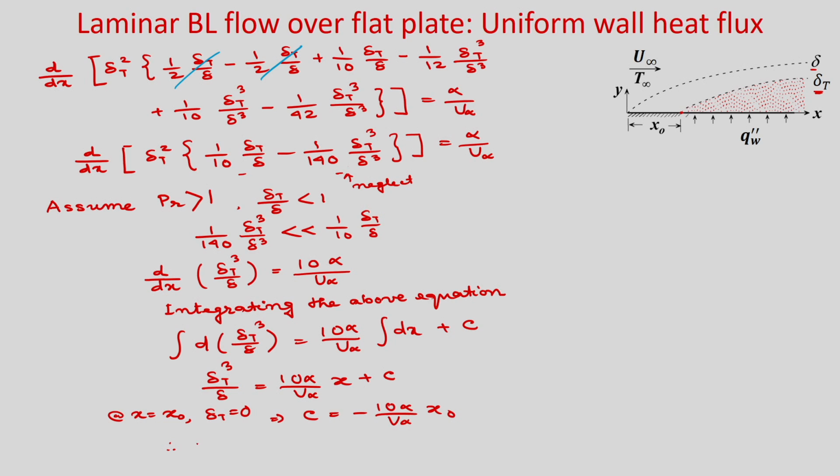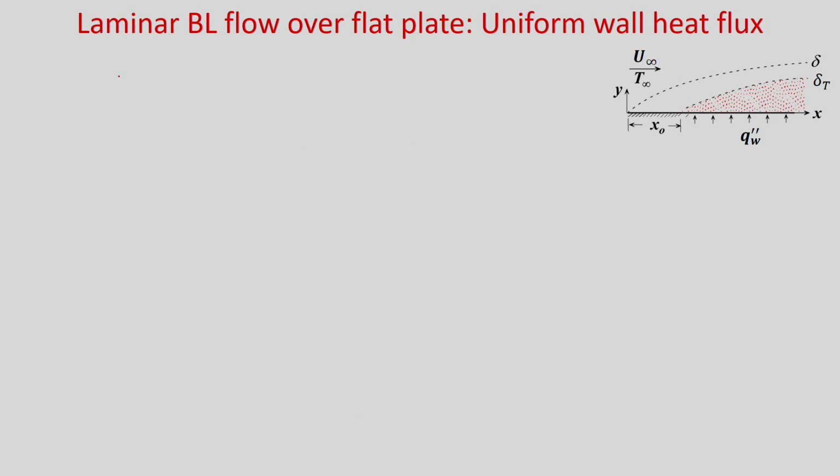Okay. Hence, you can see that delta T cube by delta is 10 alpha by u infinity into x minus x naught. Okay. So, you can write delta T as 10 into alpha by u infinity x minus x naught into delta to the power 1 by 3.